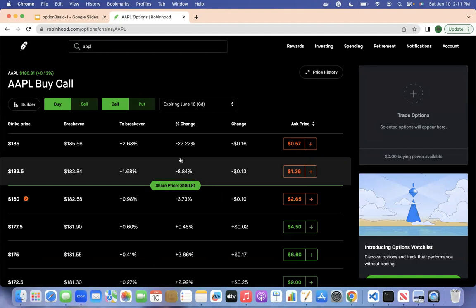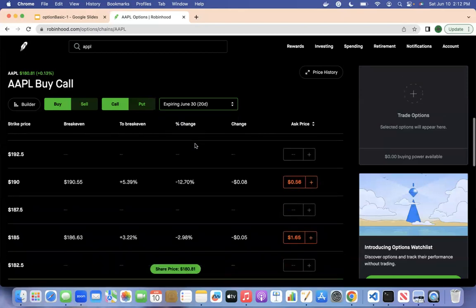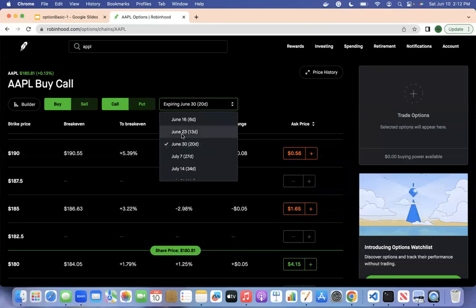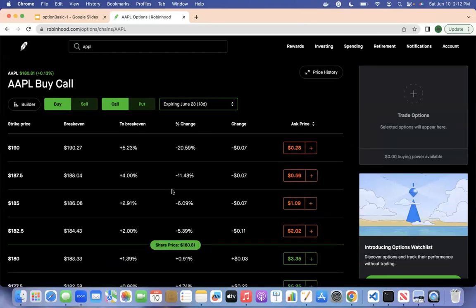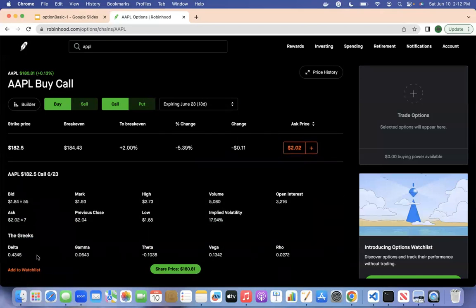Or I can do one thing, I can change my expiry date. And you see now the whole thing has changed, right? So let's say I choose June 23, and you see that for the same strike price, 182.5, the delta is 0.43, which is close to the stock price.